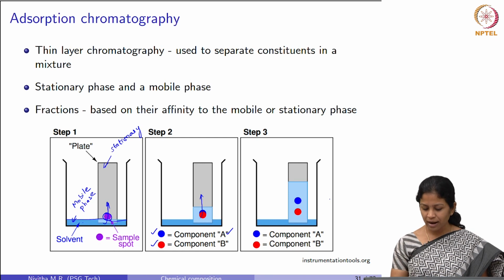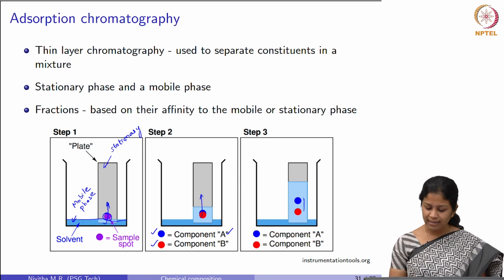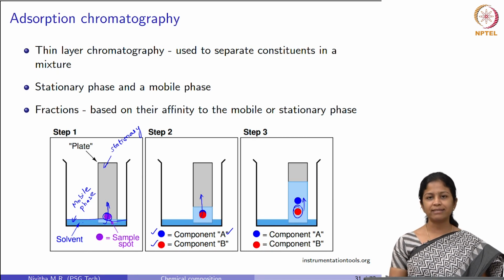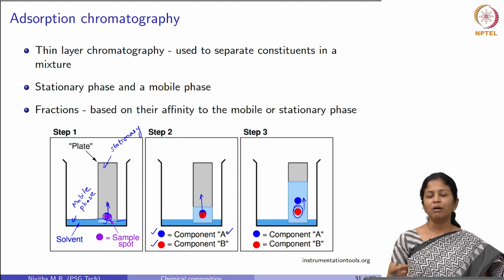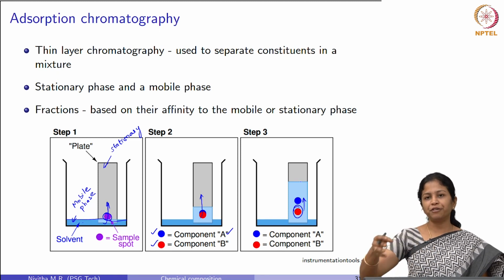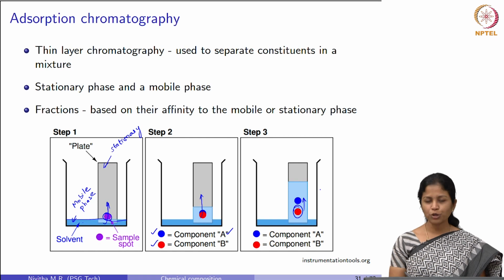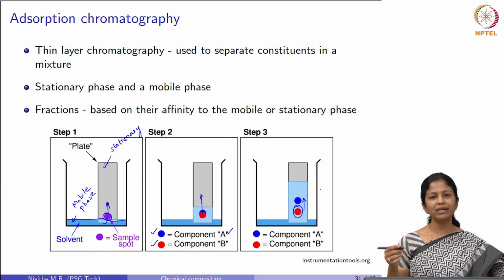So, here in this third image, step 3, you can see it clearly. The one in blue color has risen up, whereas the other one is still remaining at a lower level. So, this will be eluted out of the chromatographic column initially, but the other will happen at a later time. So, at different time intervals, we will be getting components. In this manner, we can separate out the fractions.